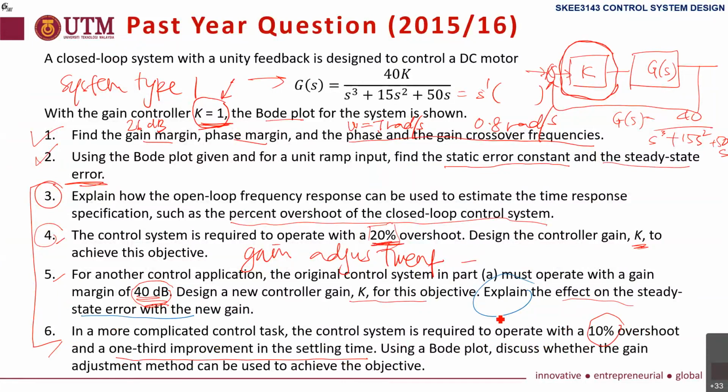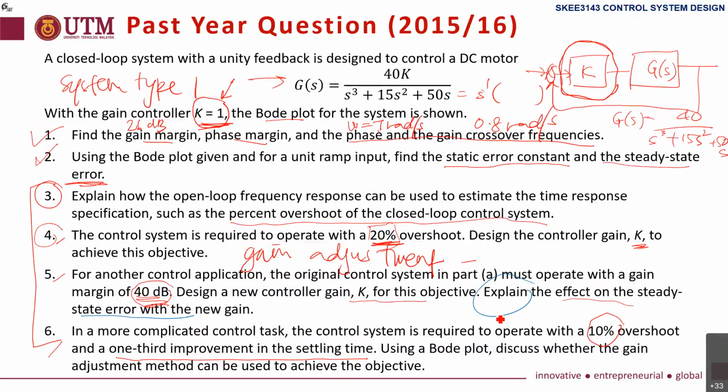First, overshoot of 10%. Secondly, settling time reduced by 1/3. Using a Bode plot, discuss whether the gain adjustment method can be used to achieve the objective. Okay. This is just an explanation, no calculation.